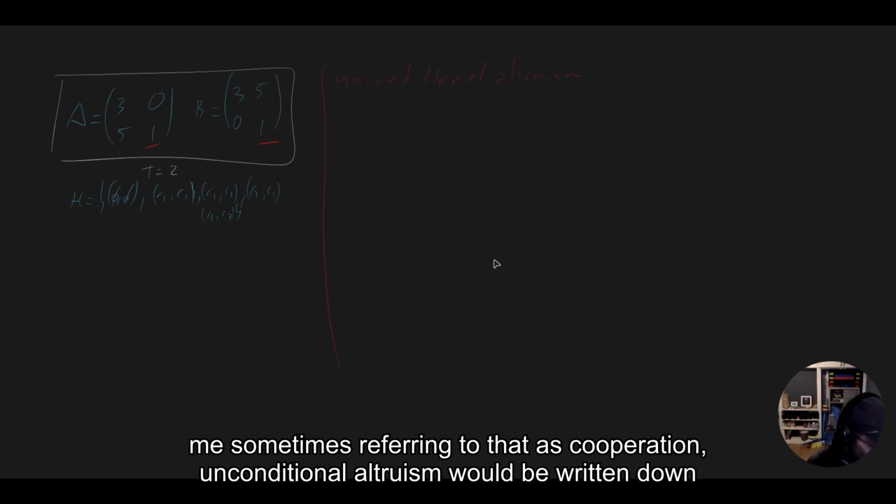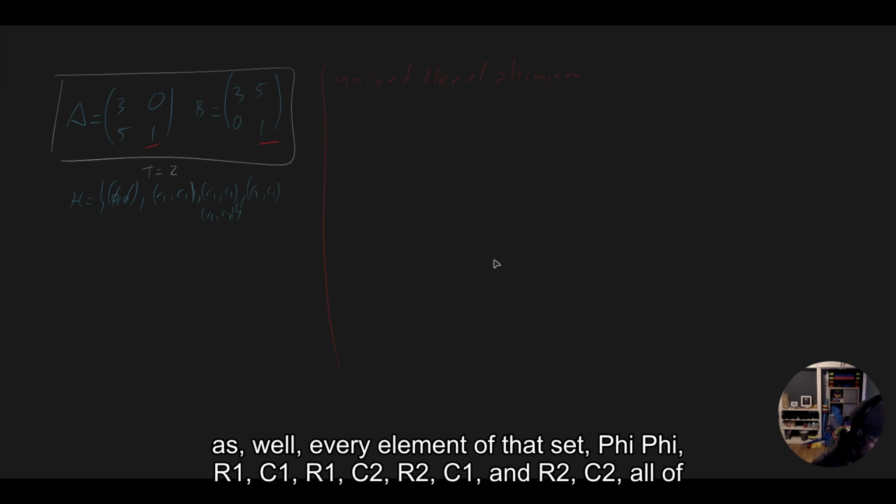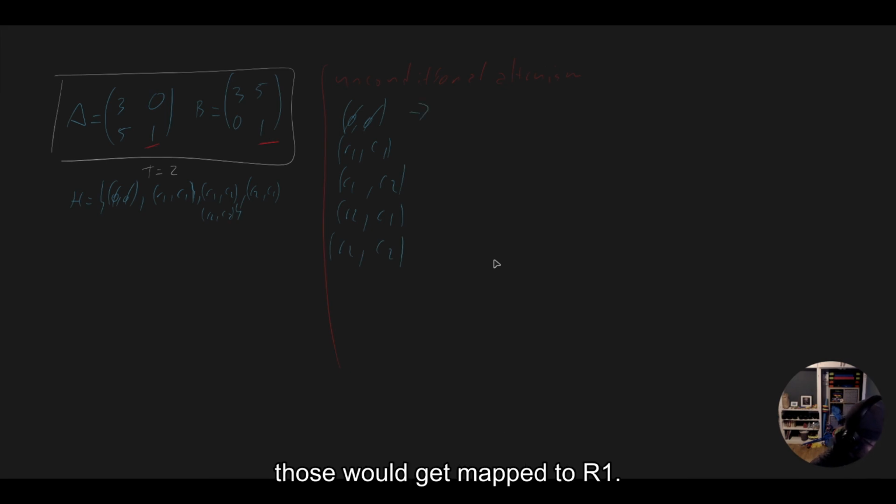Unconditional altruism would be written down as, well, every element of that set, phi, R1C1, R1C2, R2C1, and R2C2, all of those would get mapped to R1.